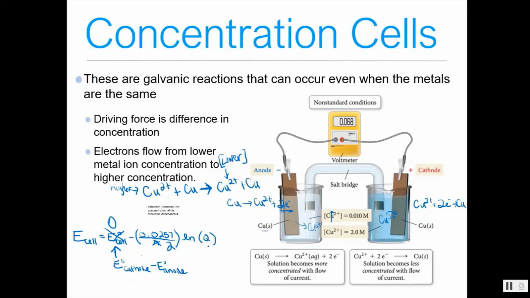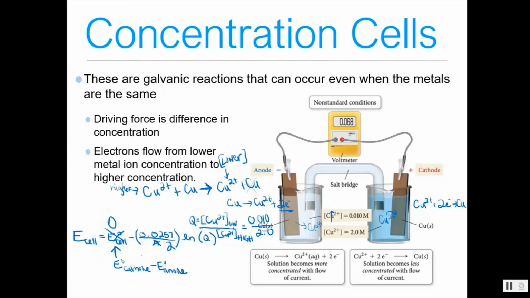So that means our Q here is going to be products over reactants. Our products are going to be the copper ion at lower concentration, and again we ignore that solid, divided by our reactant, which will be the copper at higher concentration. So that will be equal to 0.010 molar divided by 2 molar.